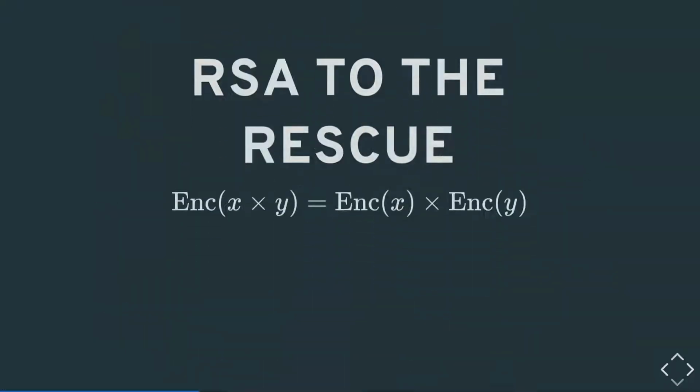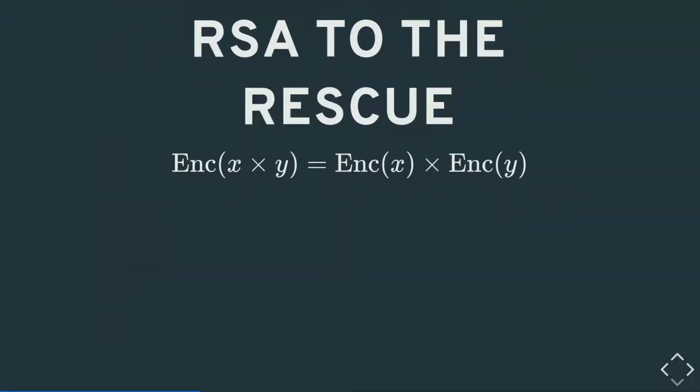Okay, so RSA to the rescue. RSA has this property where this multiply operation on two encrypted values is equivalent to this multiply operation on the unencrypted values.